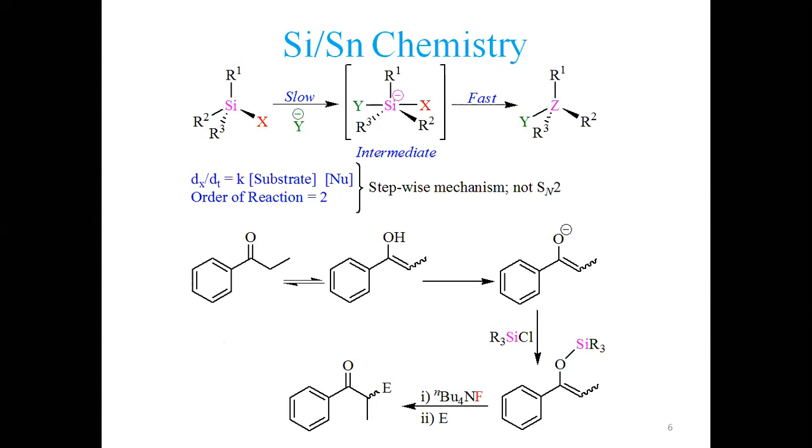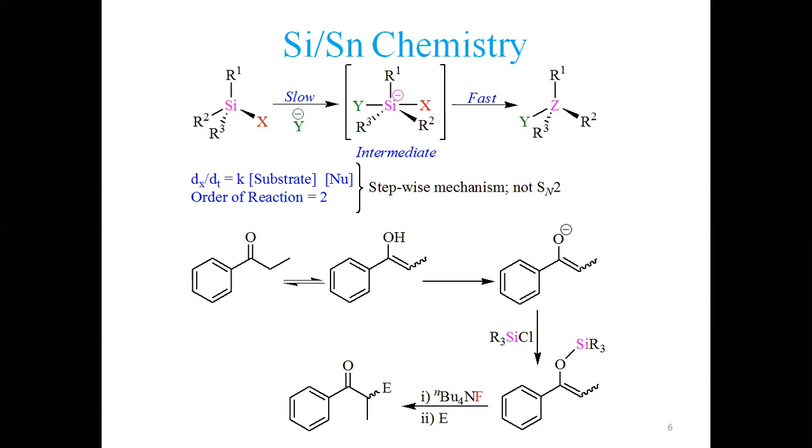In the next reaction, whenever we need to remove this to convert this entity back into the enolate, what we can do is very simple. We can react this with tetra-n-butylammonium fluoride, where fluoride is the source. In fact, silicon has a very high affinity for halogens, especially fluorine.